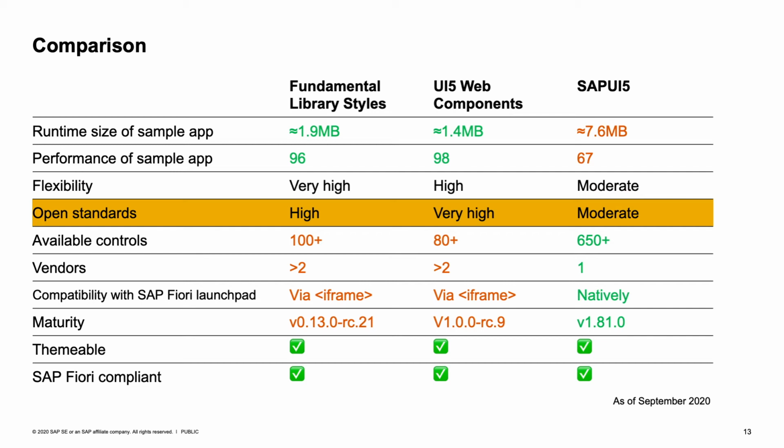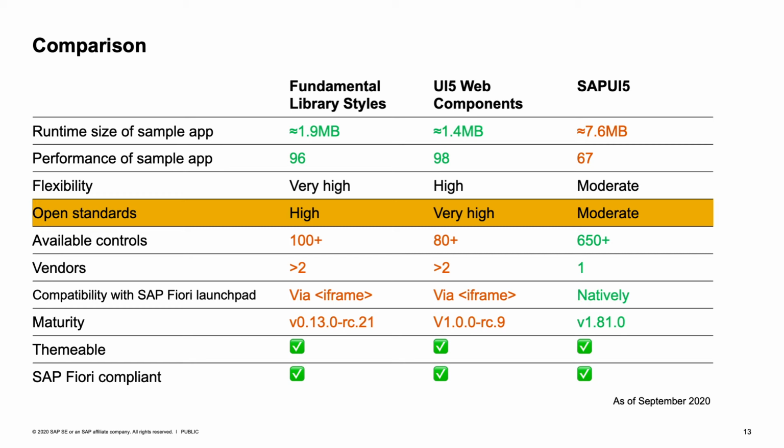I would also say adherence to open standards. SAP UI5 has a little disadvantage just because it started as a proprietary technology a long time ago, and therefore a lot of stuff has been implemented by SAP on its own. UI5 web components, I would say, have the most adherence to open standards just because they are built with web technology that is standardized, and there's a very thin abstraction layer on top of that project.